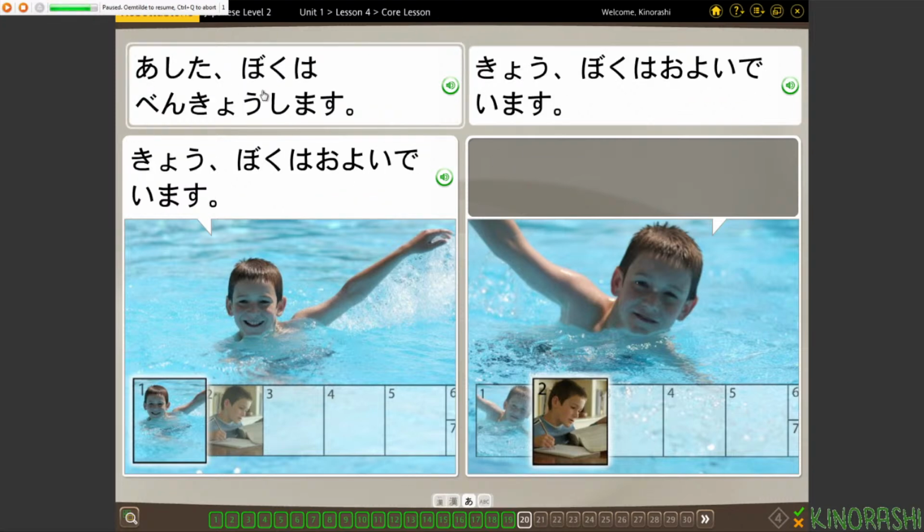Ashita, boku wa benkyou shimasu. See, shimasu is the polite form of suru and indicative, I believe. Let's look it up. Shimasu conjugation.